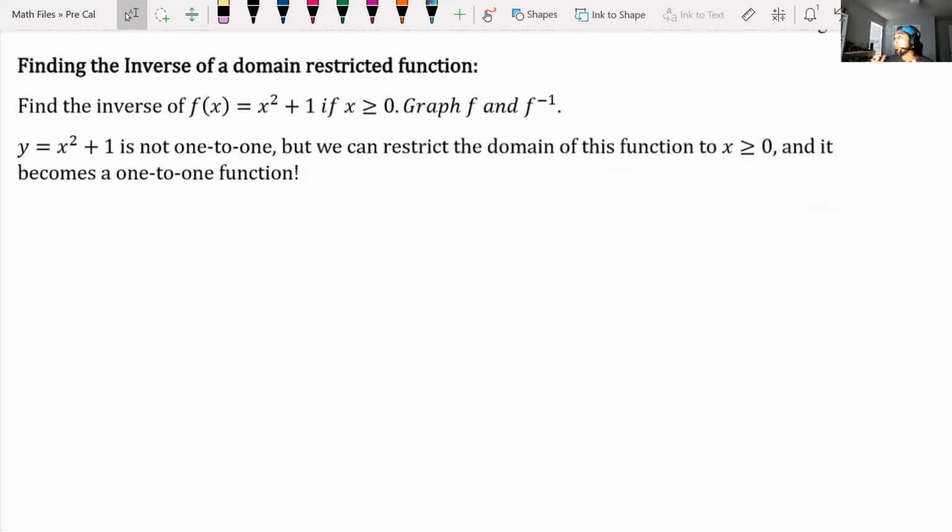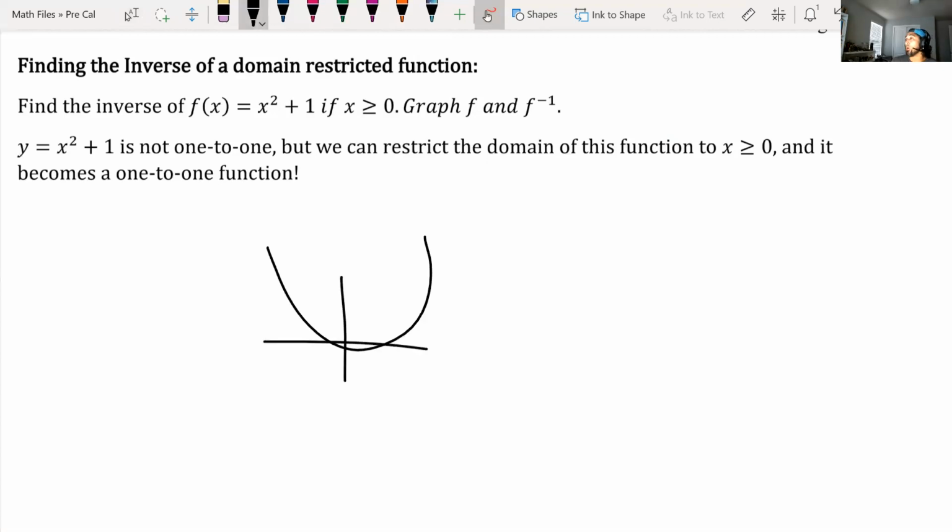Now this one's important because remember that x squared that we saw on the first page. Remember that x squared is not a one-to-one function because if we draw a horizontal line through it, we intersect it twice. But what's great about math is that we can restrict a function's domain to make it into a one-to-one function.